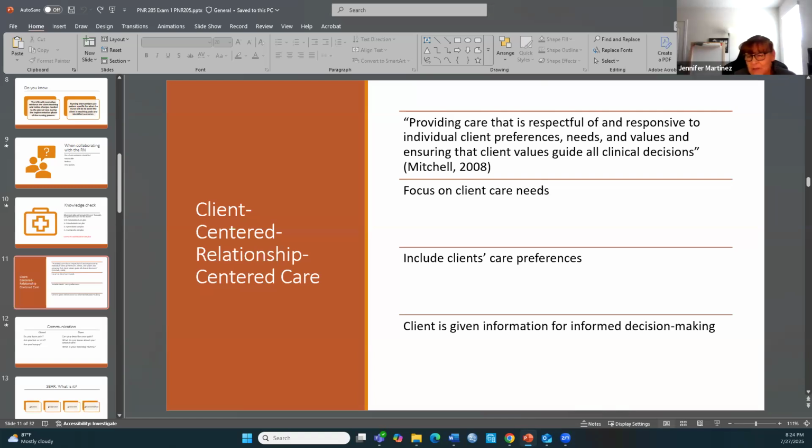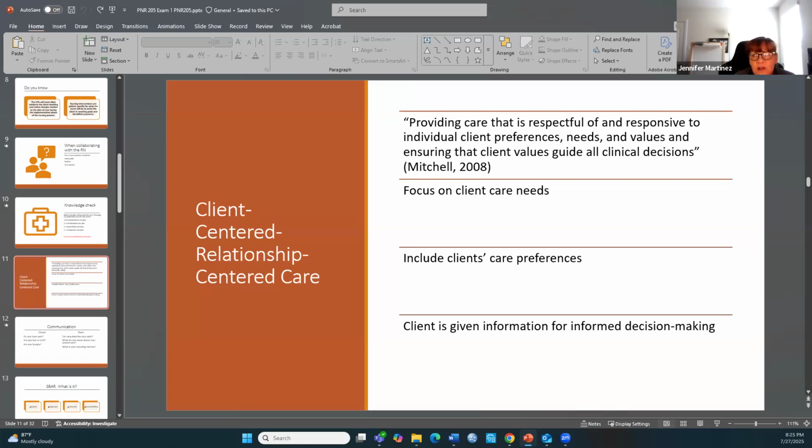How much are they willing to change in order to care for themselves, right? Are they willing to make the diet changes necessary for that newly diagnosed type 2 diabetic or that newly diagnosed hypertensive patient, right? What are their attitudes and their beliefs and values regarding healthcare?